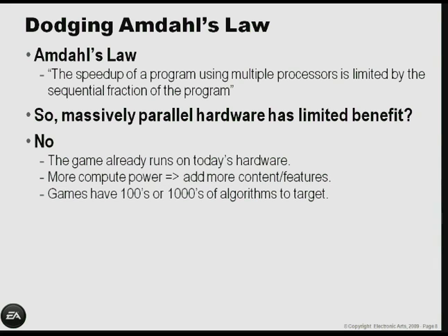When we get more compute power, what we're more interested in doing is adding some more features or some more content. There's usually hundreds or potentially thousands of things we can target at the new hardware that comes along in any given game. So we're going to try and move as many of those as are feasible, and we'll tune our efforts to what the hardware is actually capable of doing. And of course, our hope here is that OpenCL will make it easier to do the coding for this kind of thing.